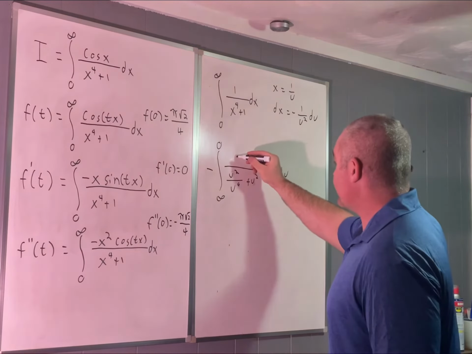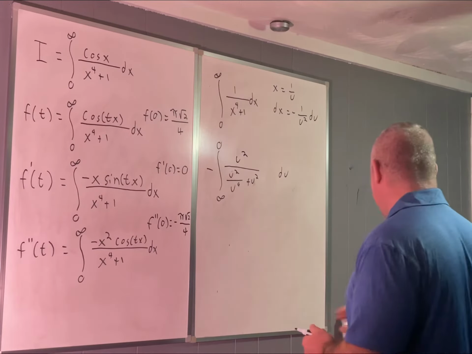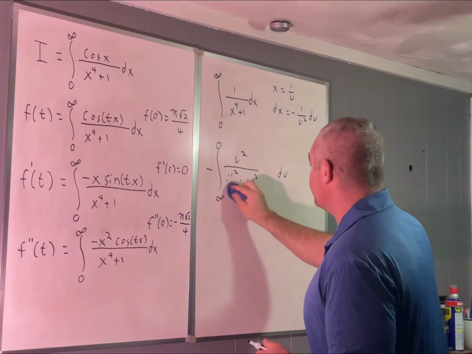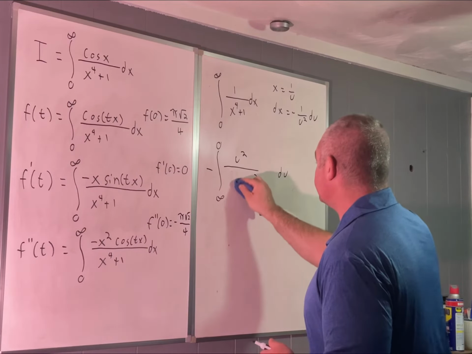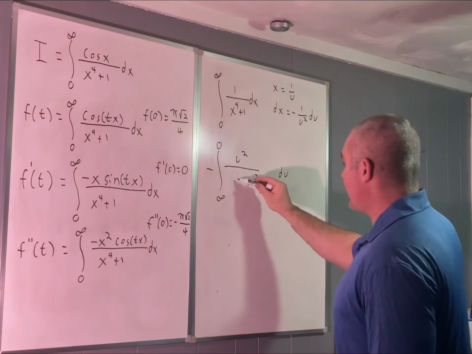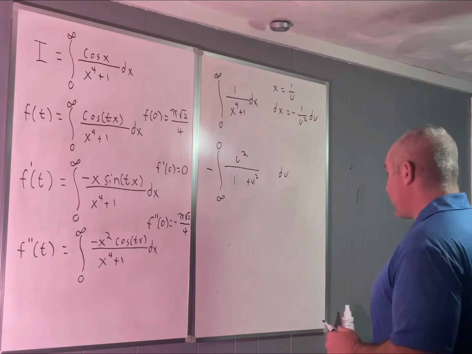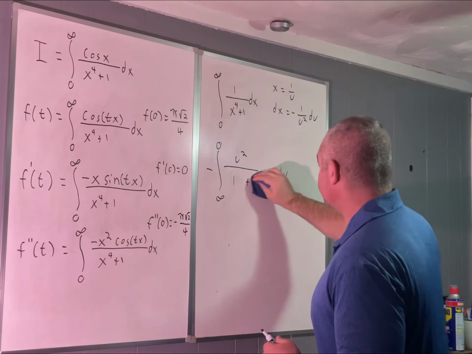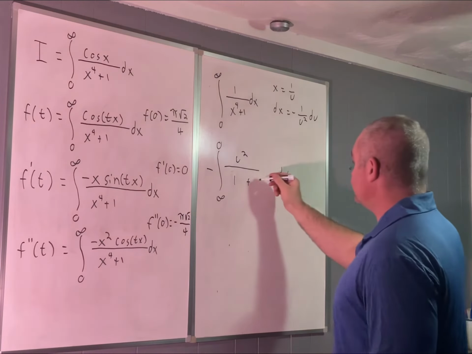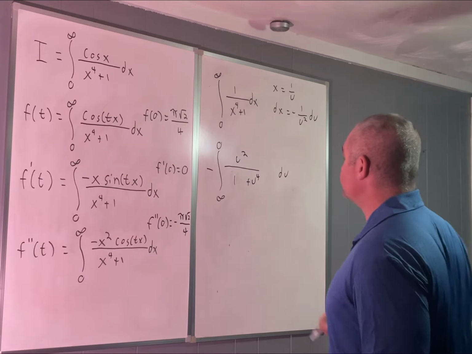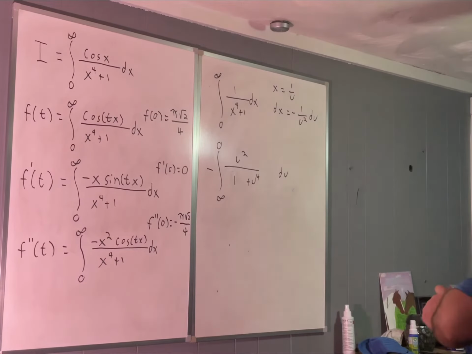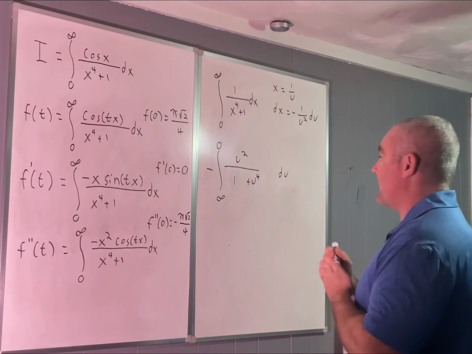That would give us u squared. This would become a 1. This would become a u to the fourth. And this negative would switch the bounds of integration.